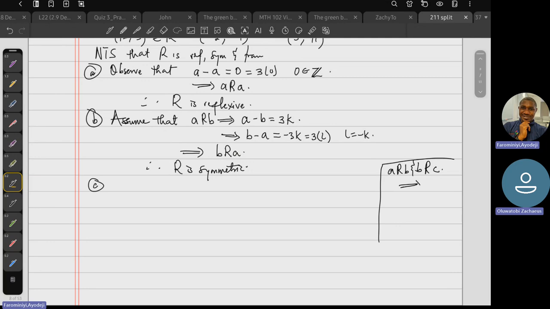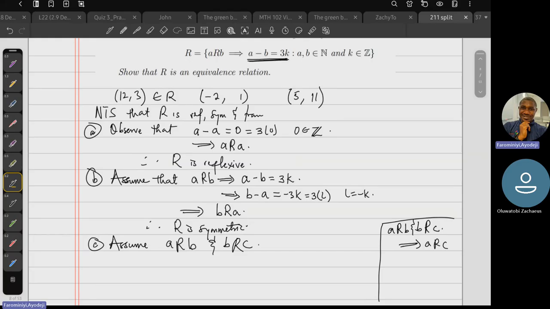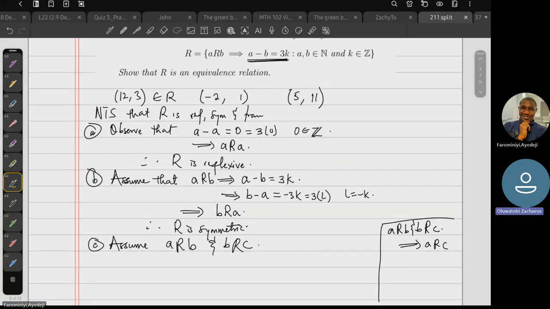So we have to assume that A is related to B and B is related to C. According to the definition, A minus B equals 3k, and B minus C equals, let's say, 3L.